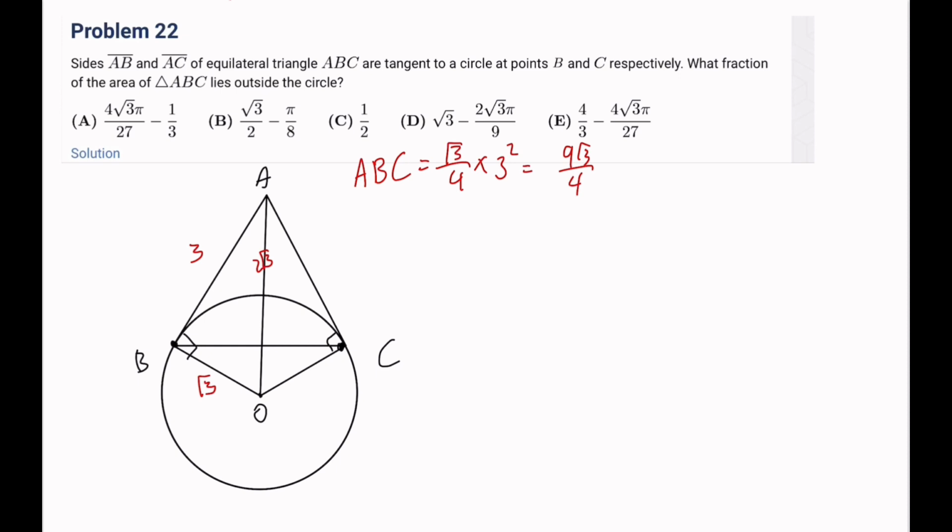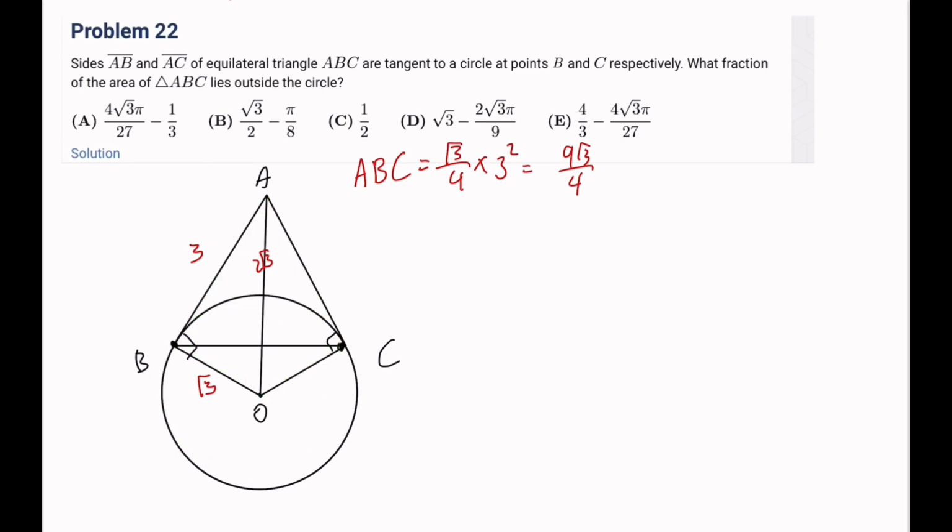And what fraction of ABC lies outside the circle? And so now what we need to get is this, right? And that is this whole thing minus this fan, right? And this fan is 1/3 of the circle, right? So what we need to do is this area minus 1/3 of the circle.